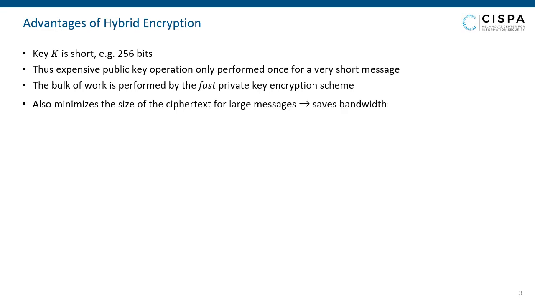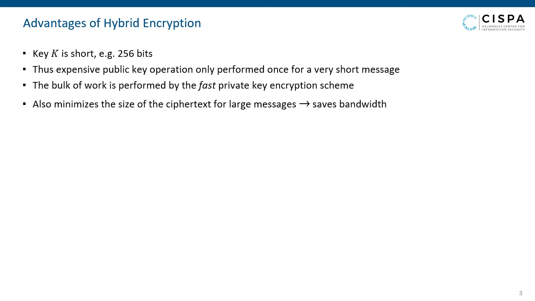Also, as an additional bonus, this typically minimizes the size of the ciphertext for large messages. The constructions of private key encryption that we've seen recall the modes of operation for block ciphers. For private key encryption constructed this way, the size of the ciphertext is essentially the same as the size of the message it encrypts for a large message.